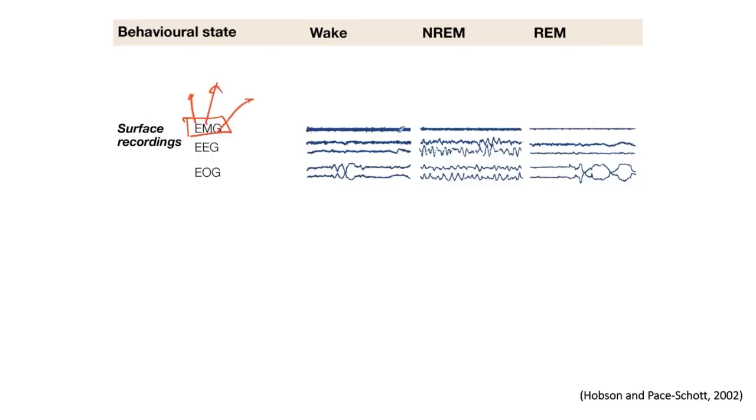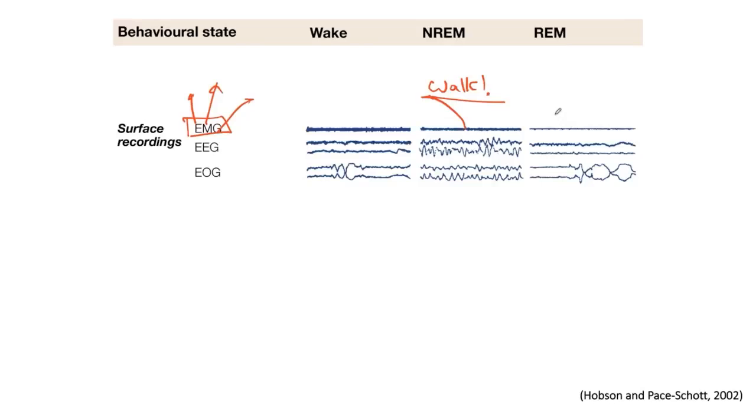Obviously, when we are wakeful, we have lots of electromyographic activations. During non-REM, there are still muscle activities, and you can even walk. So when we talk about sleepwalking, it is about non-REM sleep.